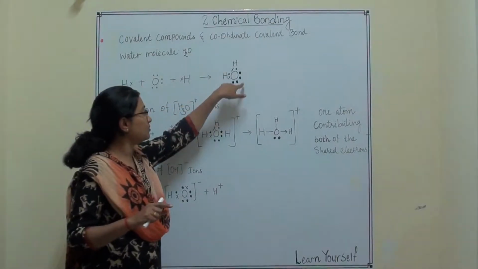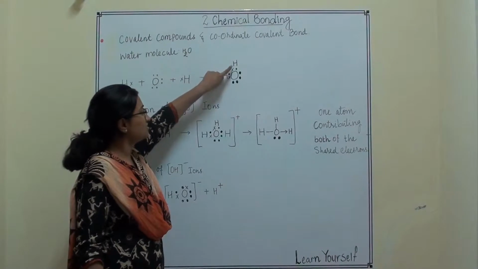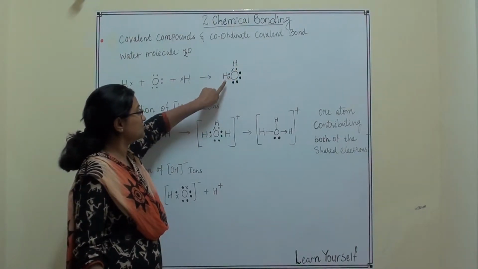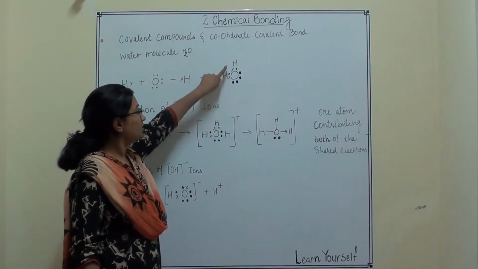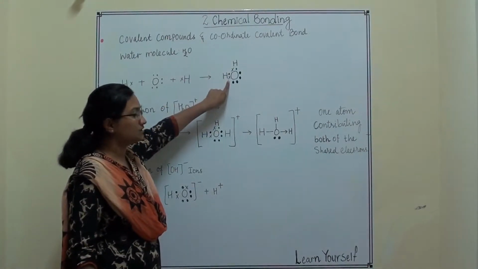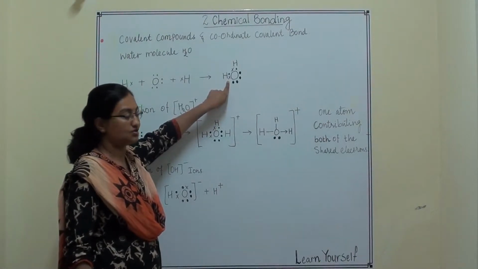So they are forming 2 covalent bonds. 1 electron from hydrogen and 1 electron from oxygen is being shared. Here also 1 electron is being shared. And 1 covalent bond and another covalent bond is formed between 2 hydrogen atoms and 1 oxygen atom.